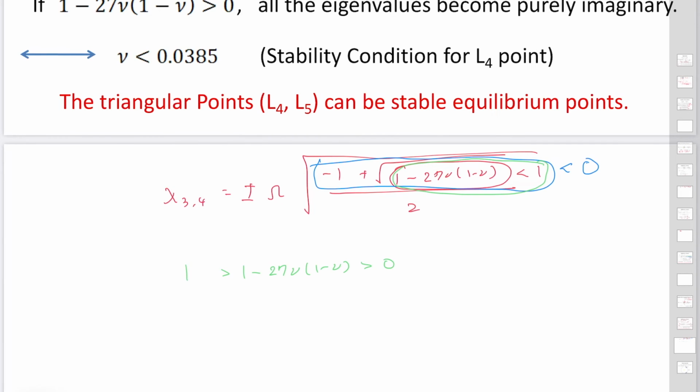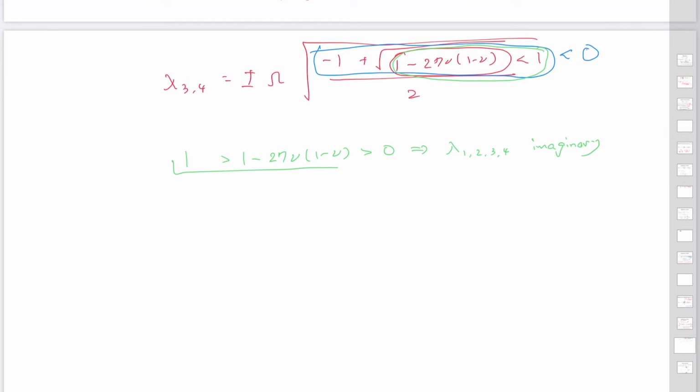So from these equations, in this situation, lambda sub 1, 2, 3, 4 become pure imaginary numbers. So first this part: 0 < nu < 1. So nu has to be between 0 and 1.